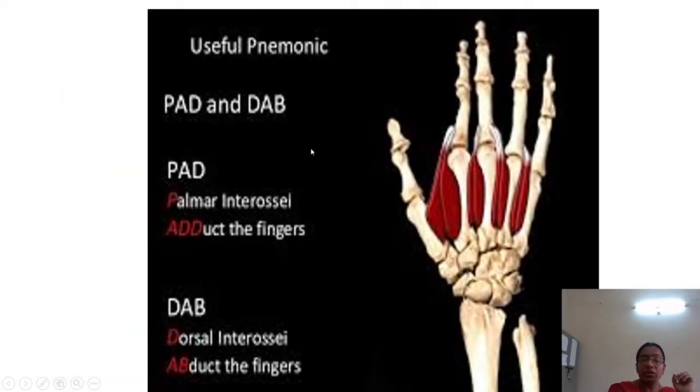How you can remember is PAD and DAB: palmar interossei are the adductors of the fingers, whereas dorsal interossei are abductors of the fingers. Dorsal interossei are abductors, whereas palmar interossei are adductors of the fingers.